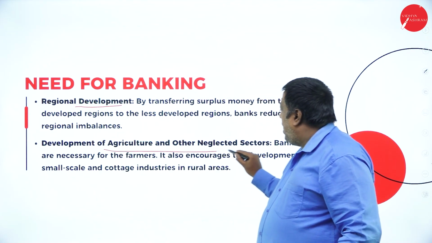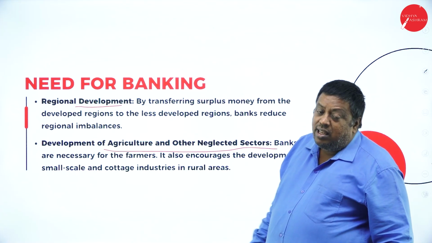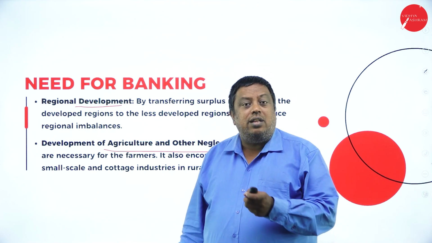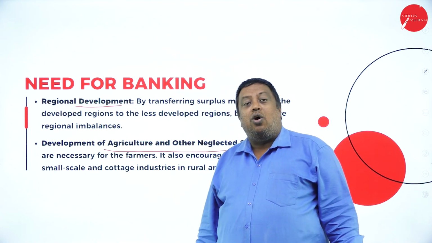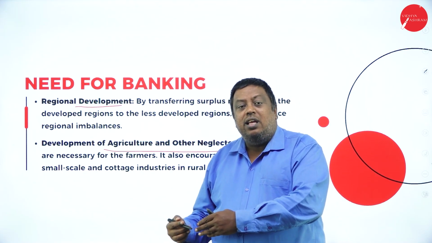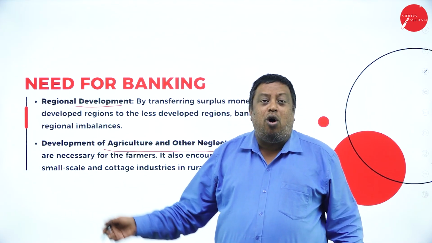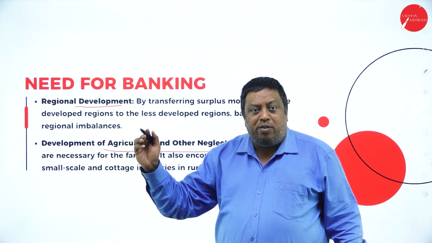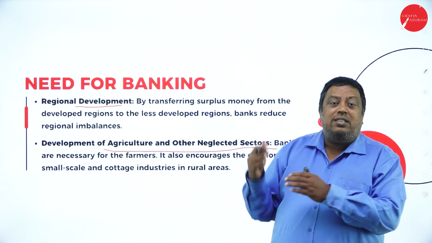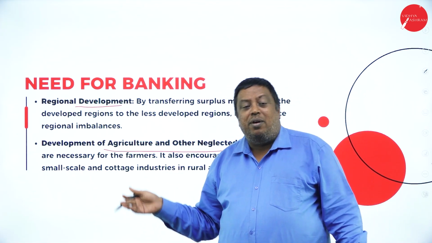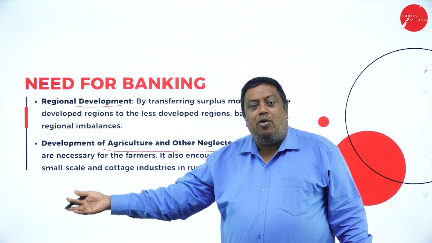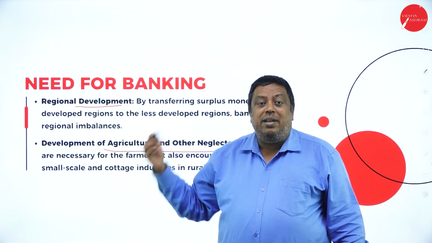Development of agriculture and other neglected sectors. In our nation, they were not supporting the agricultural sectors and some of the cottage industries or other industries. So what they did was start to support the farmers for cultivation purposes or to store the cultivated crops, giving benefit in the form of lending money, and the farmers can pay the amount later, not immediately.